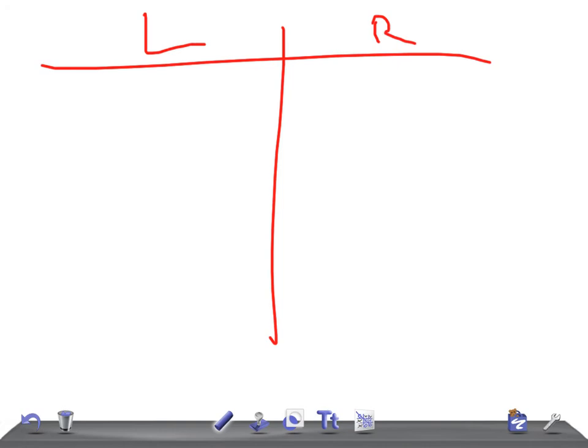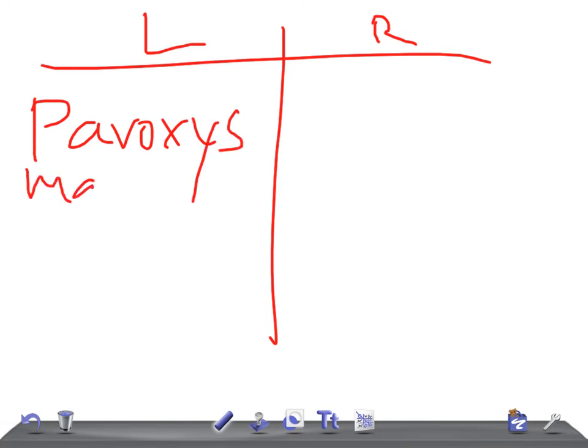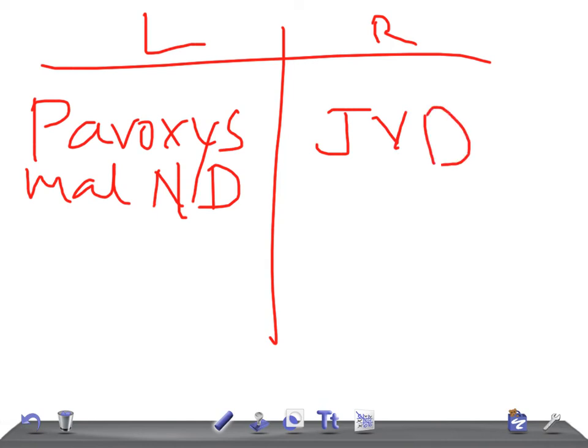In left-sided failure, you see paroxysmal nocturnal dyspnea, whereas in right-sided heart failure you see JVD, jugular venous distension. This is a very important feature. Then on EKG of left-sided heart failure, you see ventricular hypertrophy, which could be due to hypertension, depending on the cause.